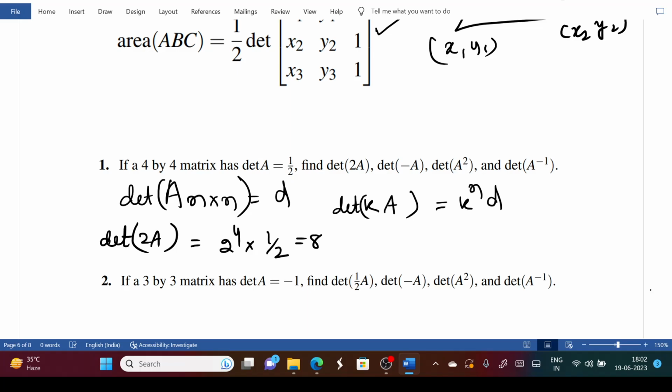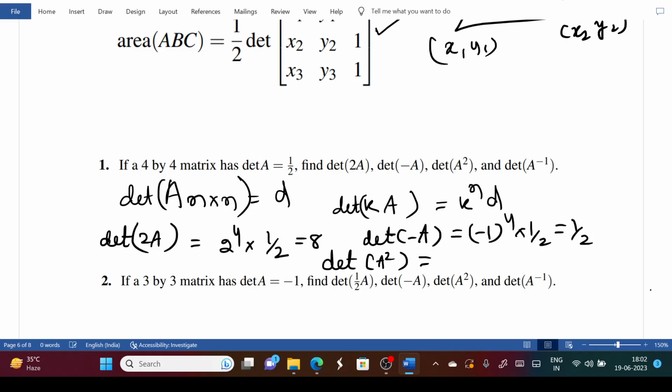Similarly, determinant of minus A is minus 1 to the power 4 into half, that is half. Similarly, determinant of A square is determinant of A whole square, that is 1 by 4.